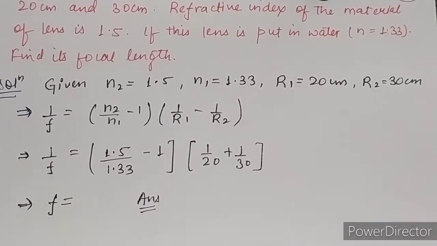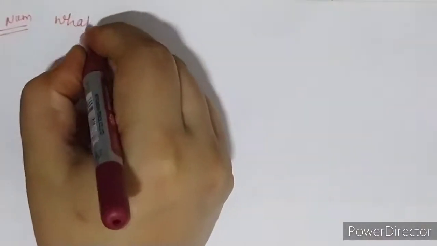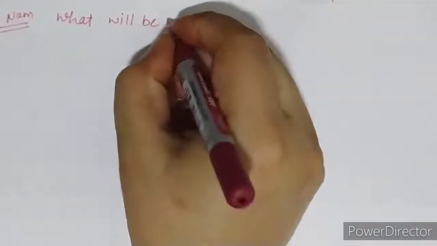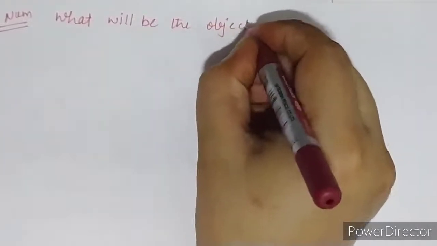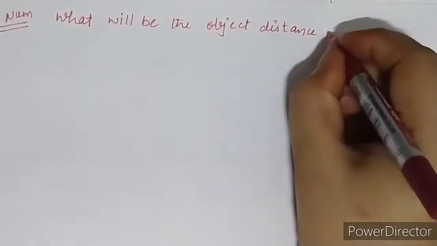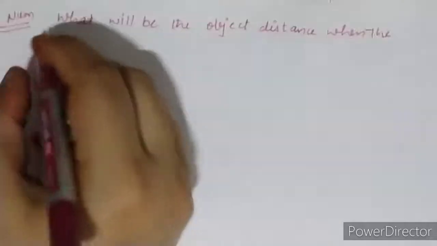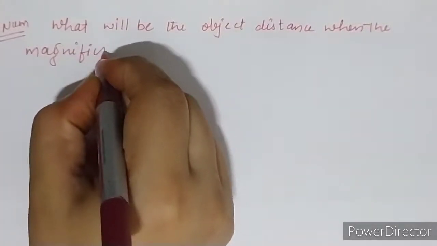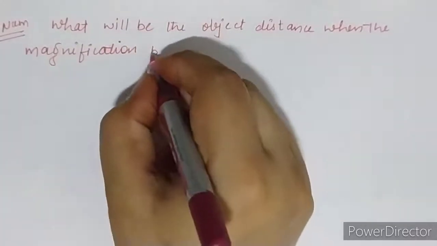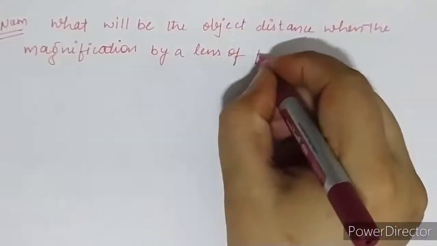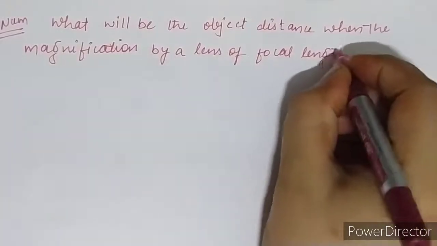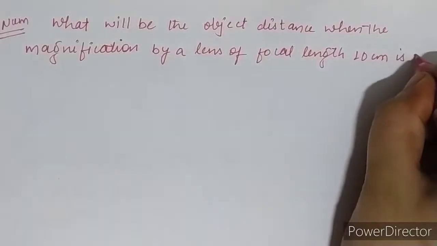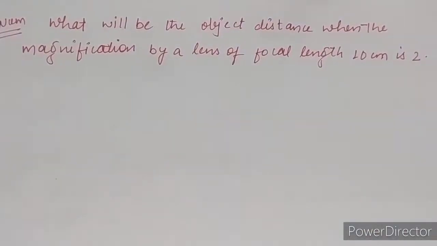Moving ahead with the second numerical. What will be the object distance when the magnification by a lens of focal length 10 centimeter is 2?